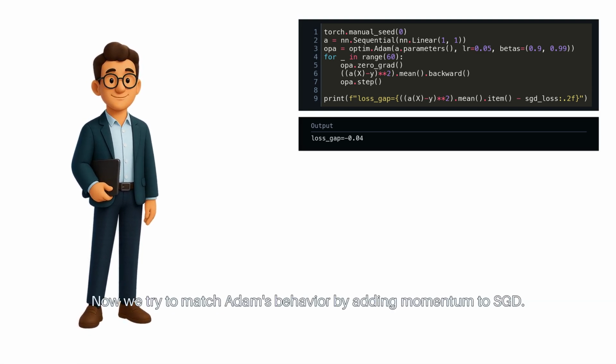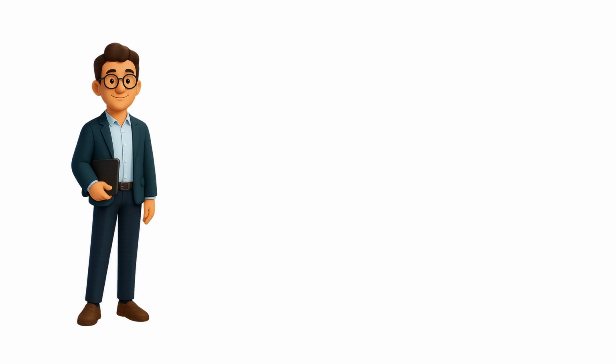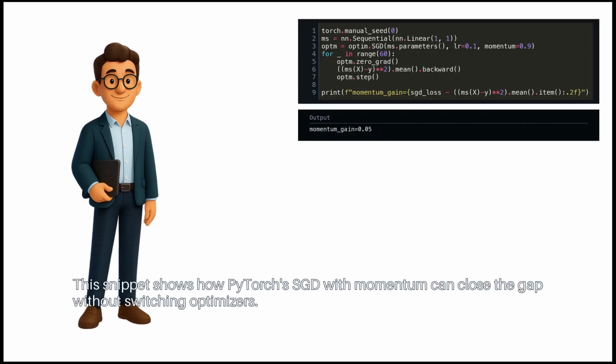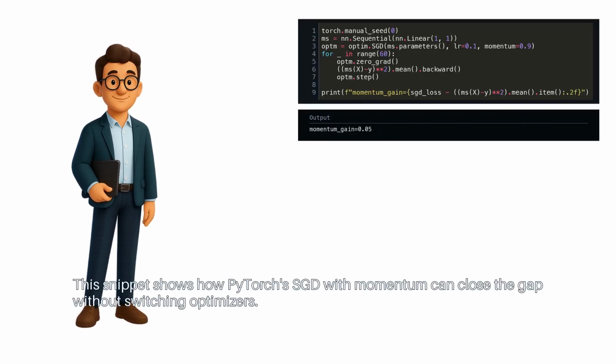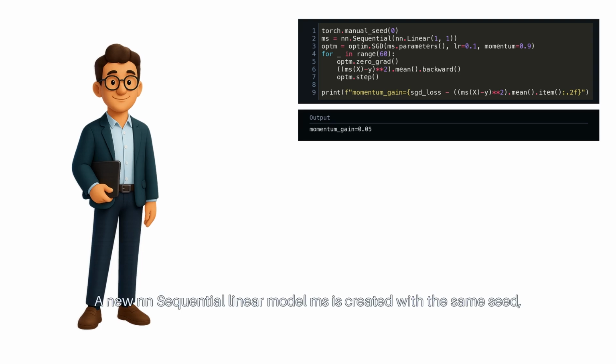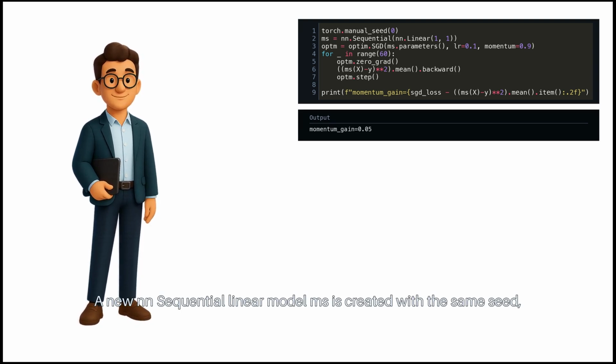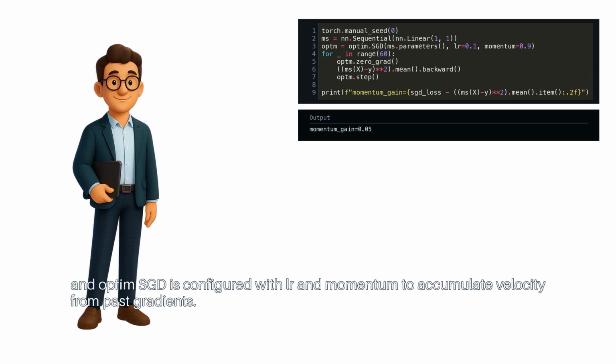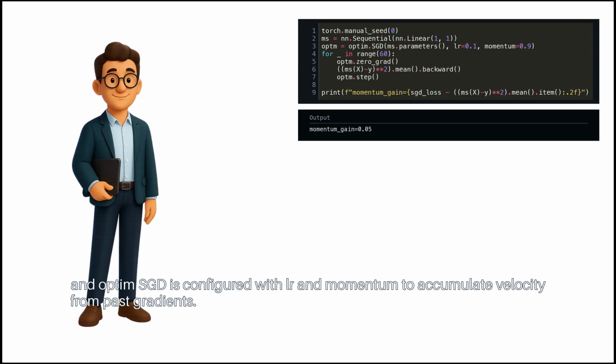Now we try to match Adam's behavior by adding momentum to SGD. This snippet shows how PyTorch's SGD with momentum can close the gap without switching optimizers. A new nn.Sequential linear model, ms, is created with the same seed, and optim.SGD is configured with lr and momentum to accumulate velocity from past gradients.